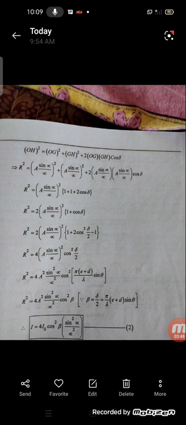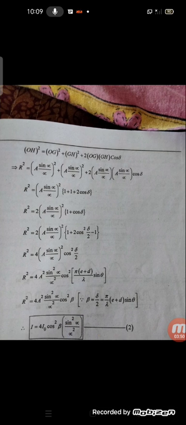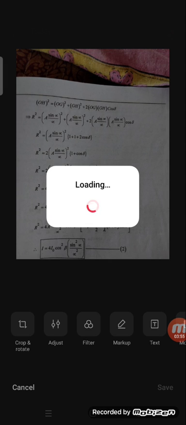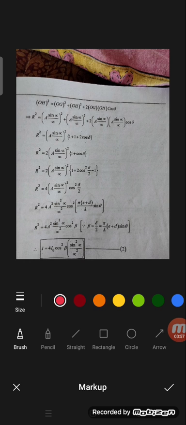From the figure we can write OH square is equal to OG square plus GH square plus 2 OG GH cos delta. OH is nothing but R, and OG is A sin alpha by alpha. GH is also the same amplitude, A sin alpha by alpha.